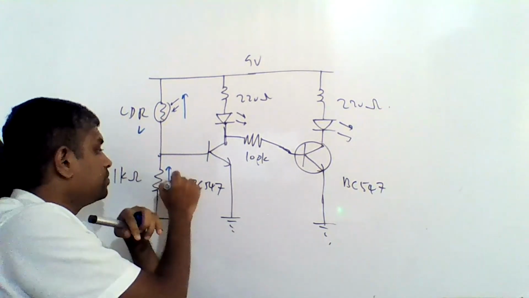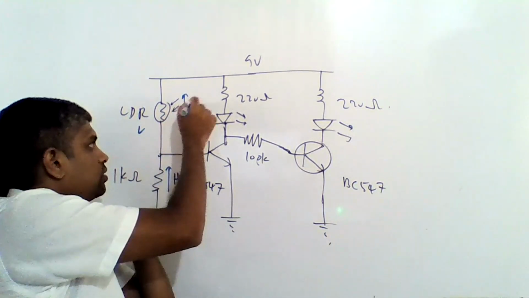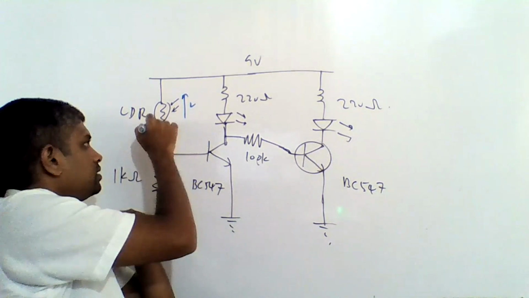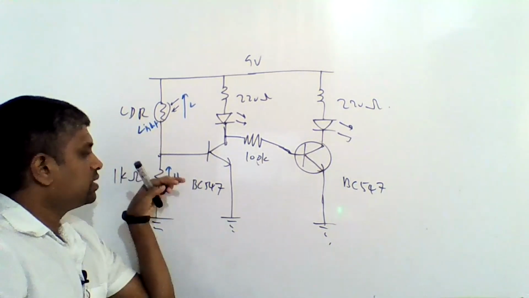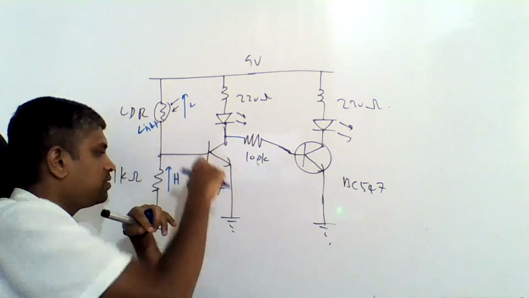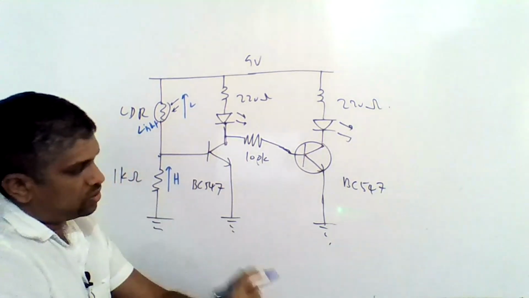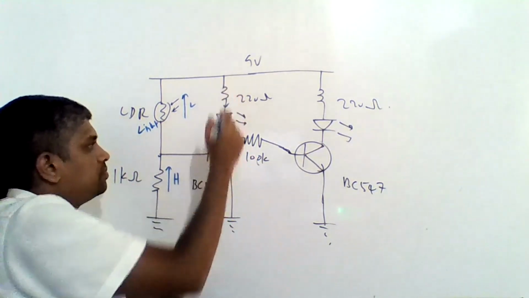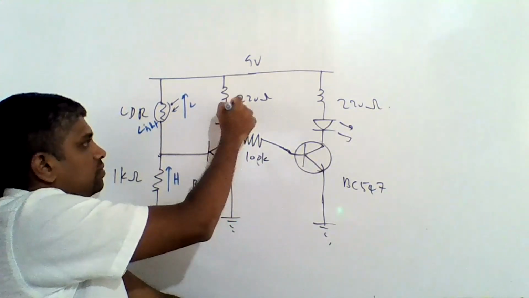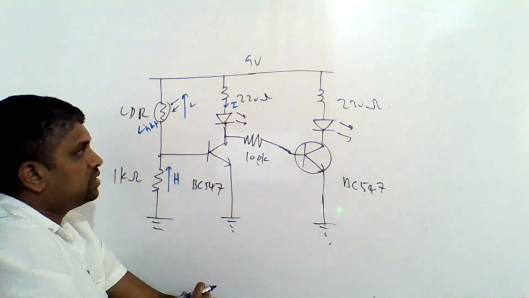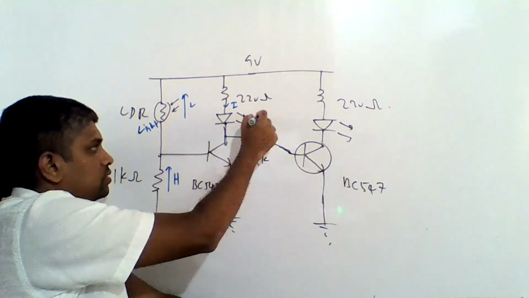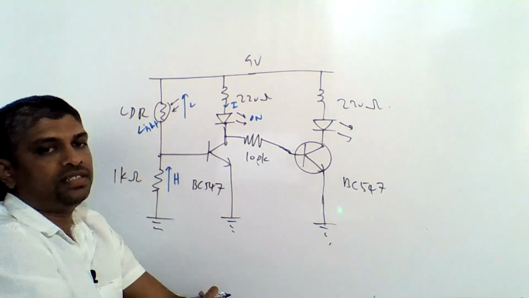This is a higher value, and this will be a lower value. Therefore, it is sufficient to turn on the transistor. So there will be a current flow. That's why this LED is on. This is the light detector.